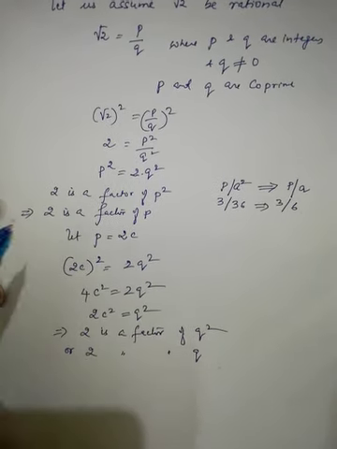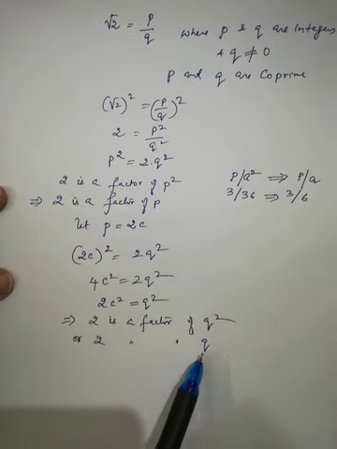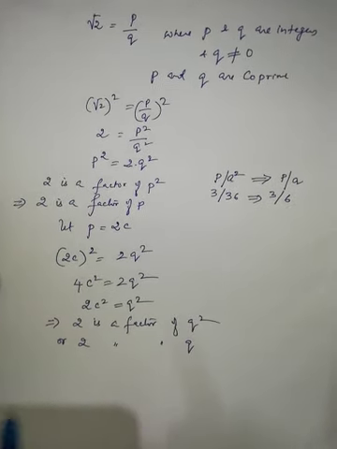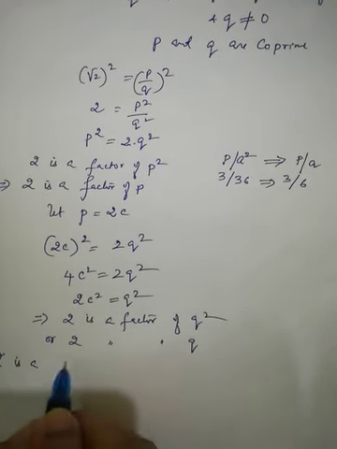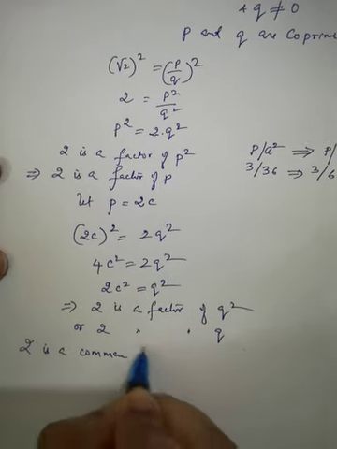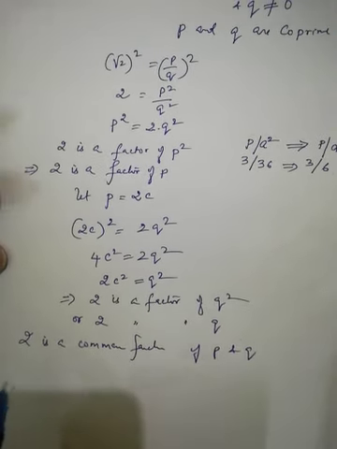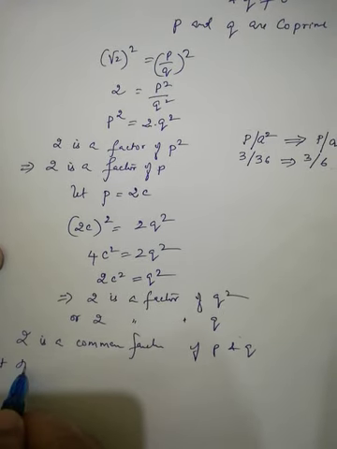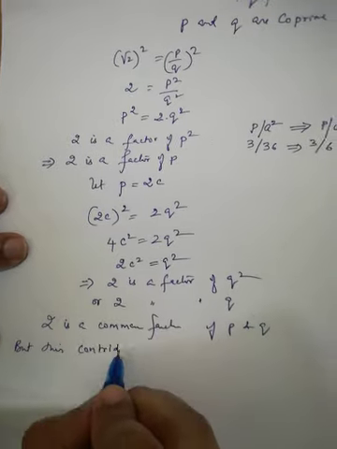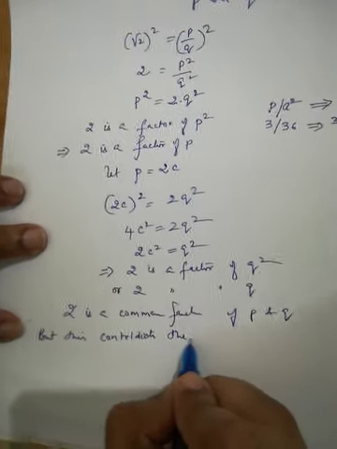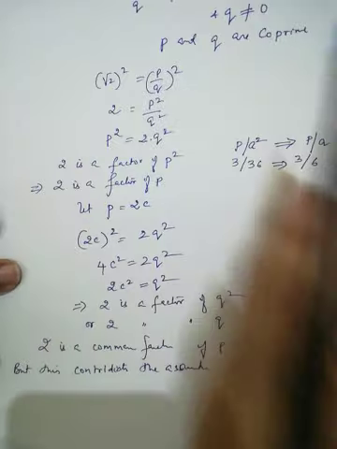Now what we have got: 2 is a factor of P, 2 is a factor of Q. That means 2 is a common factor of P and Q. But this contradicts the assumption that P and Q are co-prime.